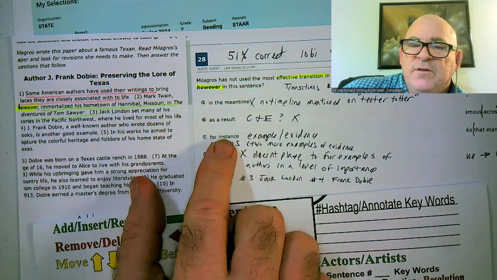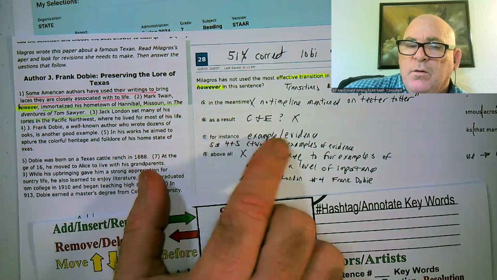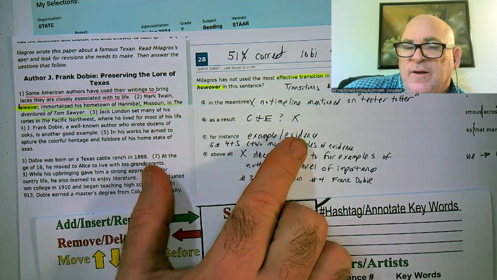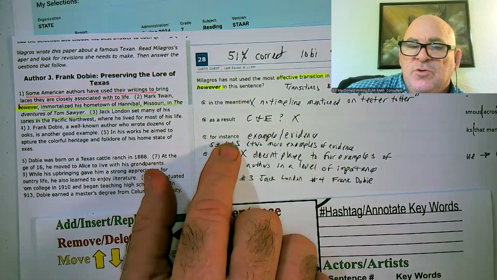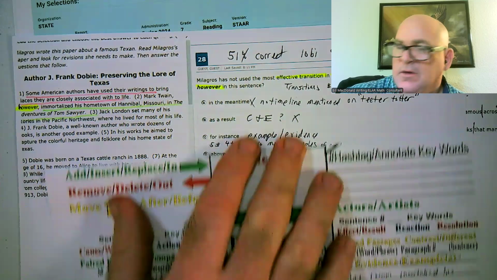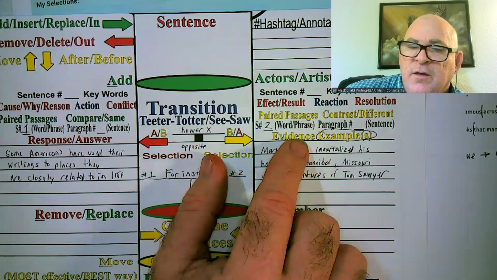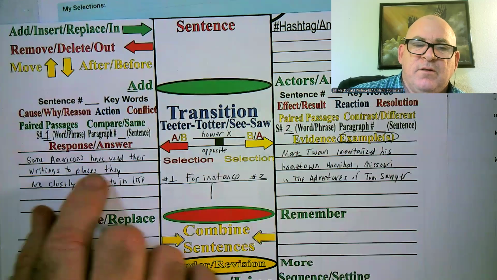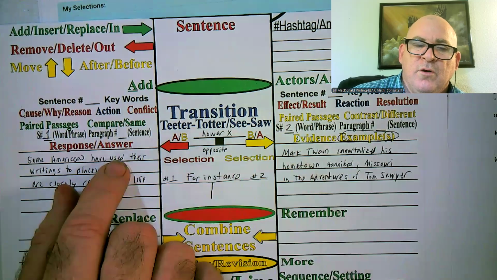Letter C says, for instance, in other words, for example, evidence. So let's say we give you an evidence example. Yeah, they did that for sentence 2, sentence 3, and sentence 4. Are they giving me evidence or examples that support something that they tell you over here? And yes, they do.